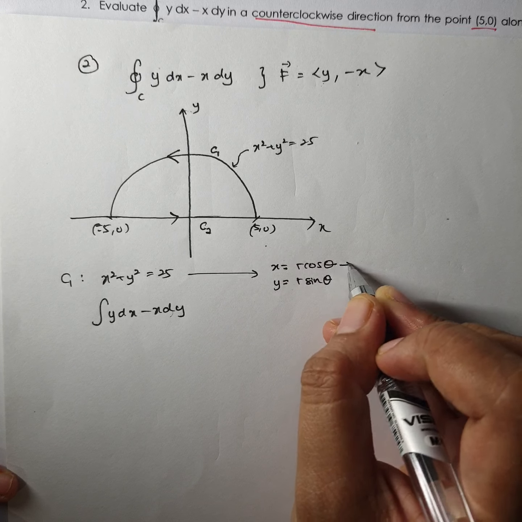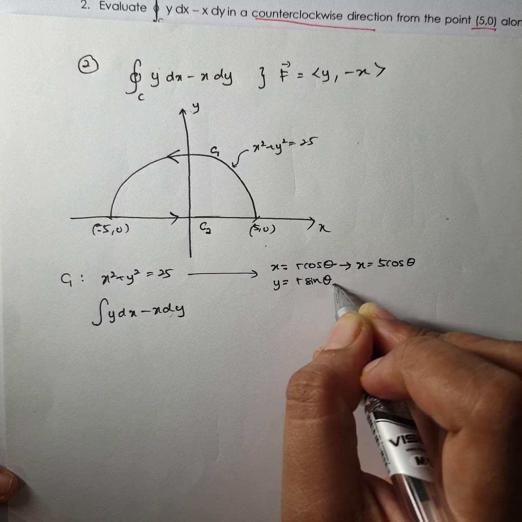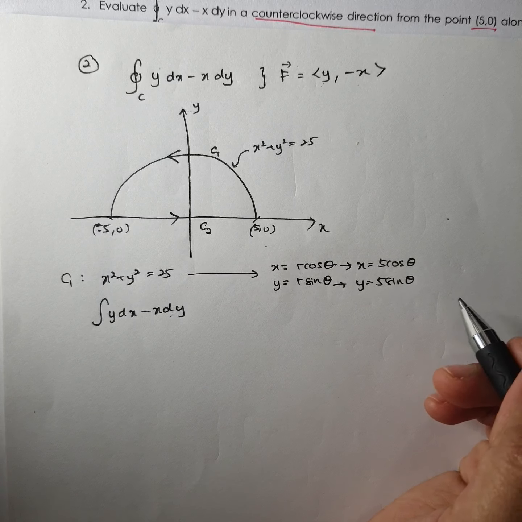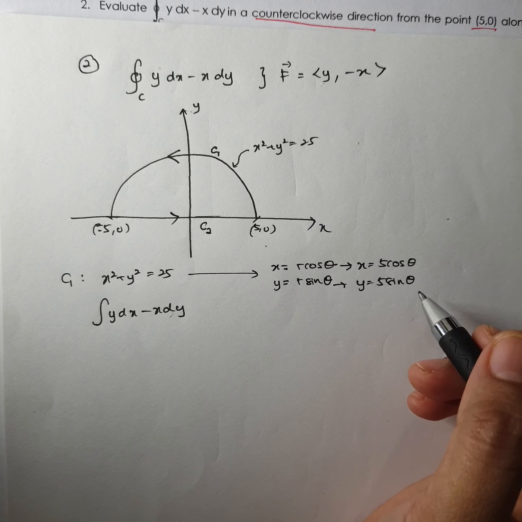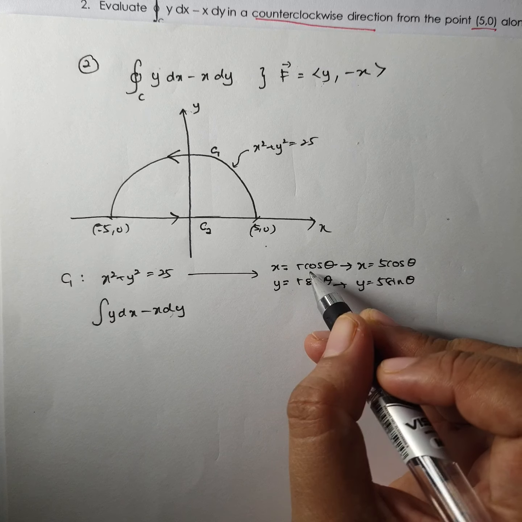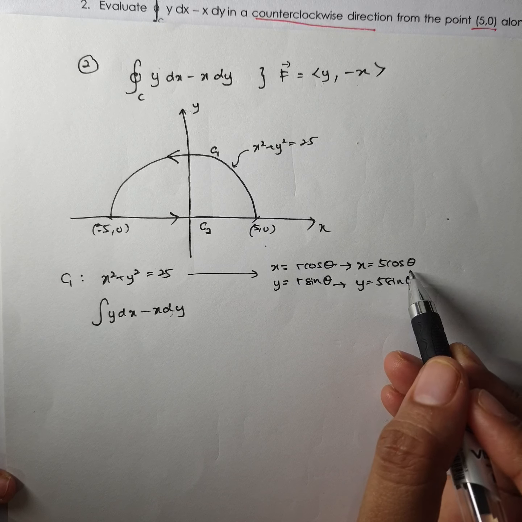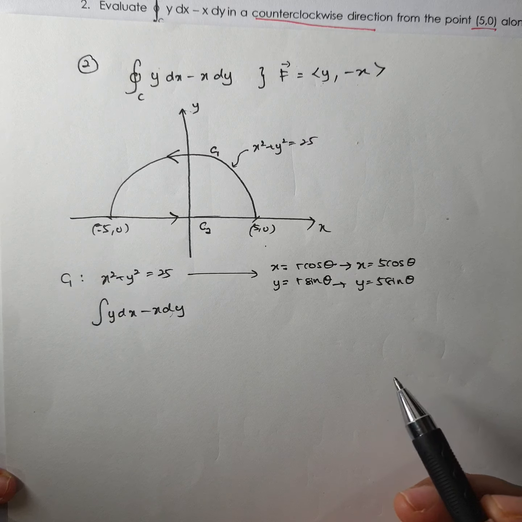So which means that your x will become 5 cos theta, y will become 5 sin theta. So you must use this concept when we do a line integral involving a circle. Fix the value of r. We do not integrate using r cos theta, we integrate using 5 cos theta because our circle now has radius 5.